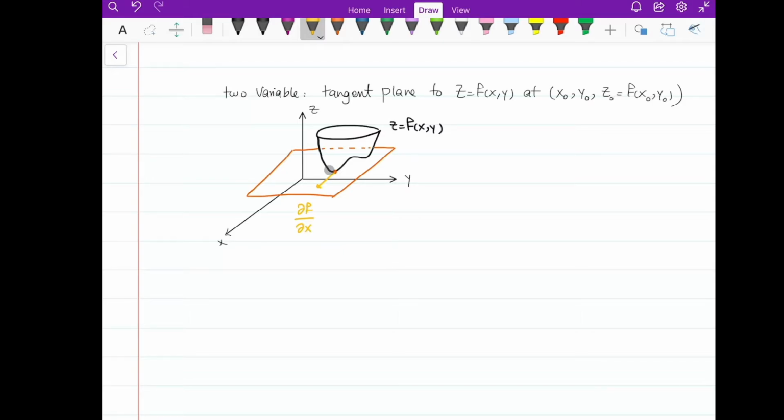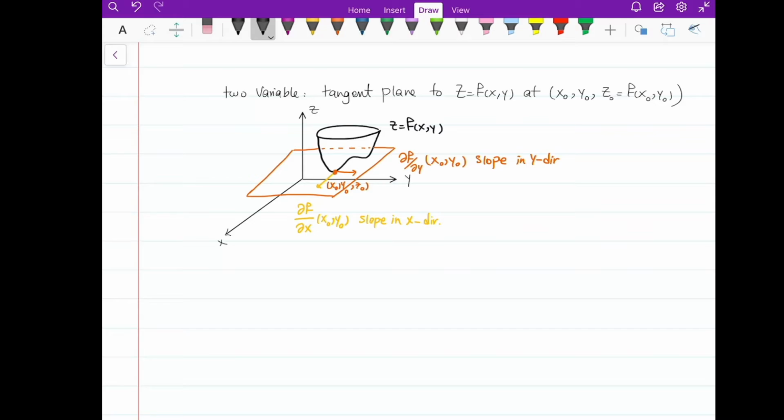This is basically the slope in the x direction at the point x naught and y naught. Then I have partial f partial y at the point x naught, y naught, which is the slope in the y direction. Okay, and this is the point that I have in here, x naught, y naught, and then the z coordinate, which is z naught.